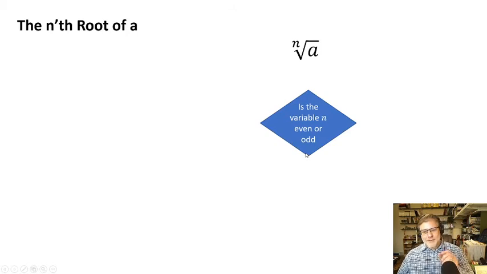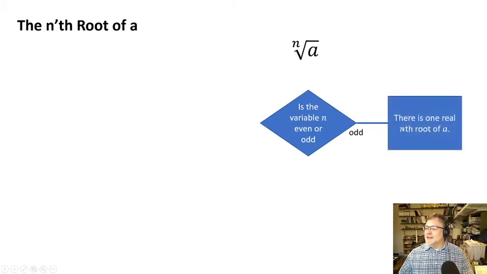For square root, we consider it as being a 2, so that's even, and when it's even, it has its own rules. But if it's odd, then there is one real nth root of a, regardless of whether a is positive, negative, or 0. We're just going to get one real nth root. That's if n is odd.